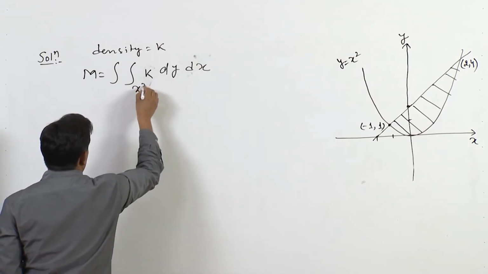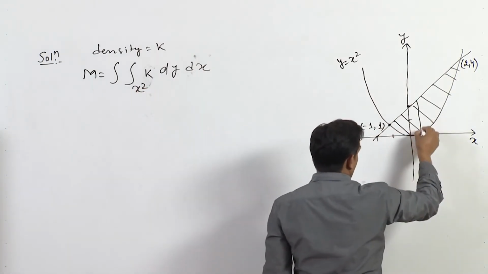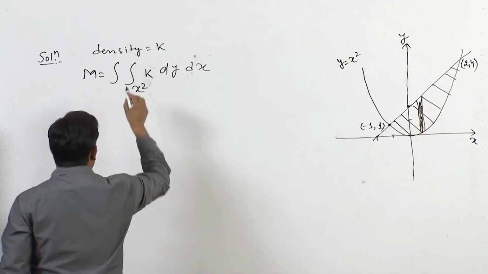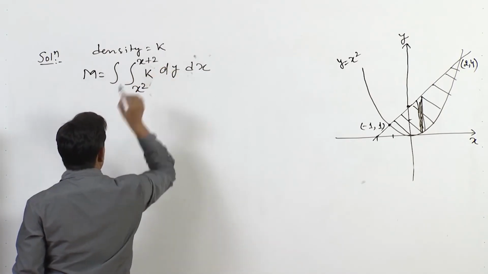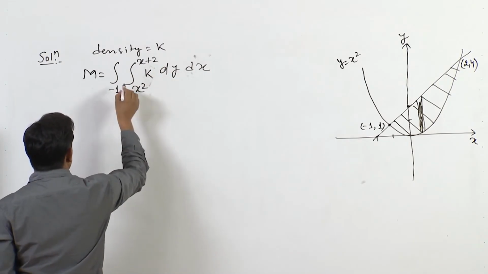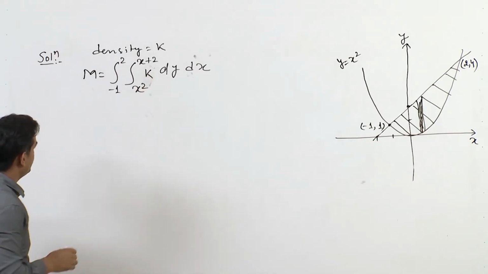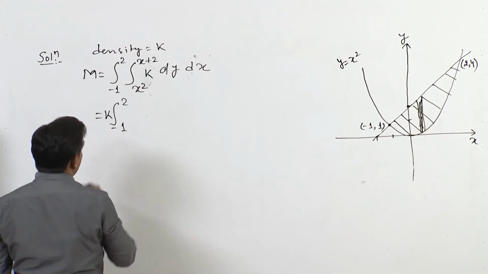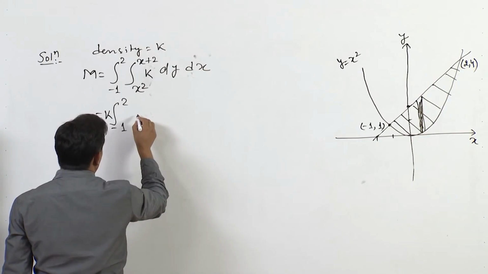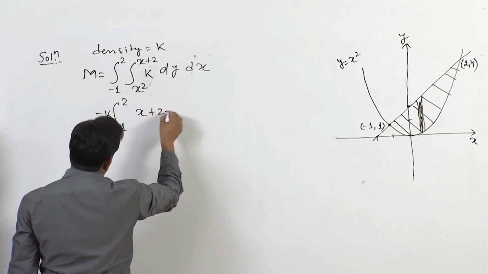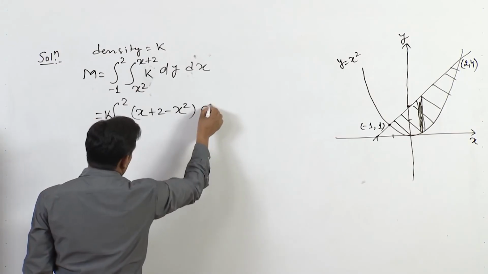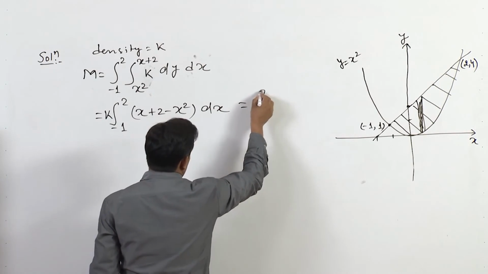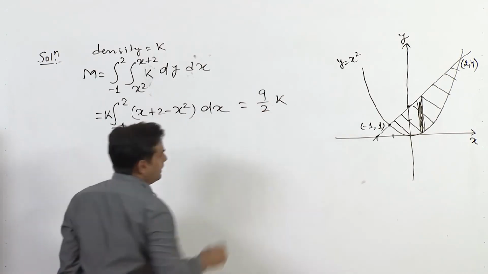Here the y lower limit is x square, if I take this kind of vertical strip, and the upper limit is x plus 2, while the limit for x is minus 1 to 2. So, this will become minus 1 to 2, k I will take out. So, y, it will become x plus 2 minus x square dx, and this will come out as 9/2 times k.